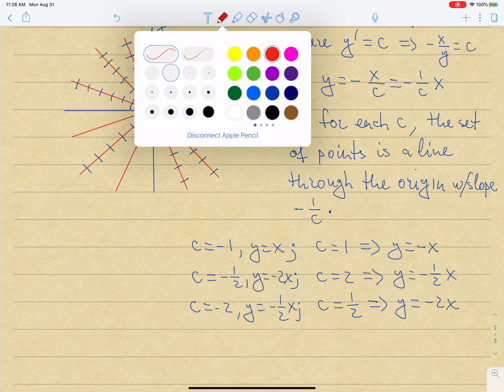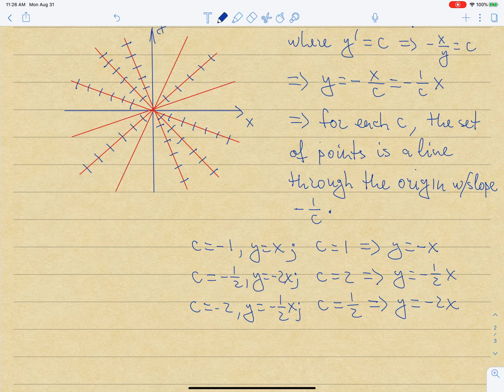So for y equal to 2x, what have I got? All tangent lines must be perpendicular to this line, so I get something like this. And on 1/2 x, same idea. Tangent lines are perpendicular to that line.